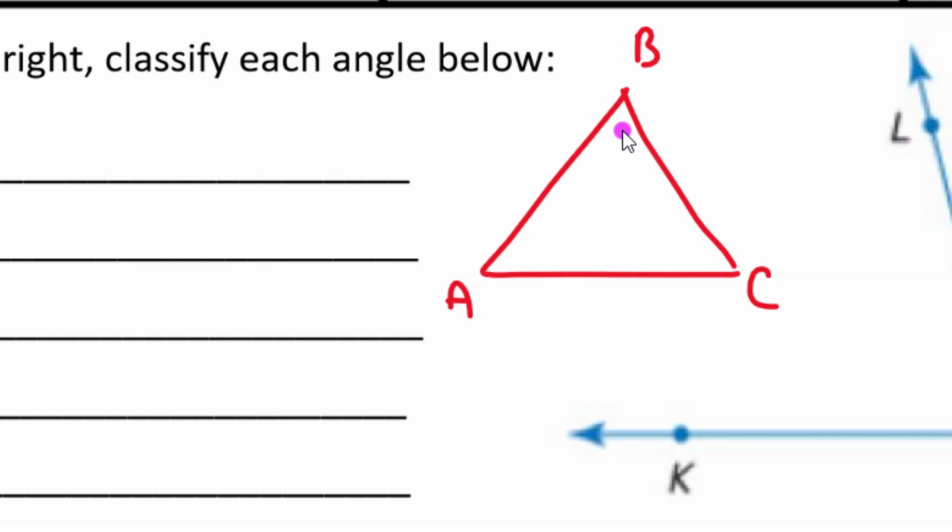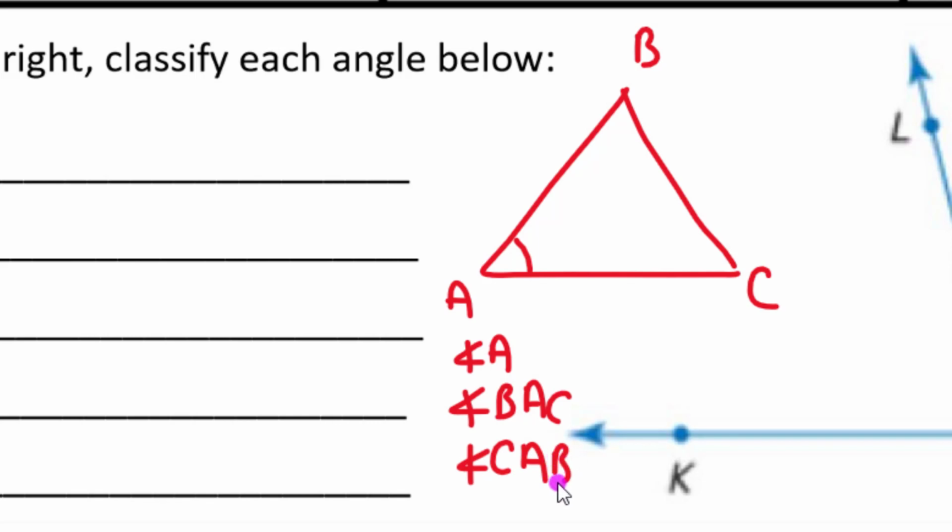So this is vertex A, vertex B, vertex C. If I was going to name this angle right here, I could call it angle A. I also could call it angle BAC, and I also could call it angle CAB. If you notice, when I use three letters, the letter A was right in the middle. So there are three names I could give this angle: angle A, angle BAC, angle CAB.